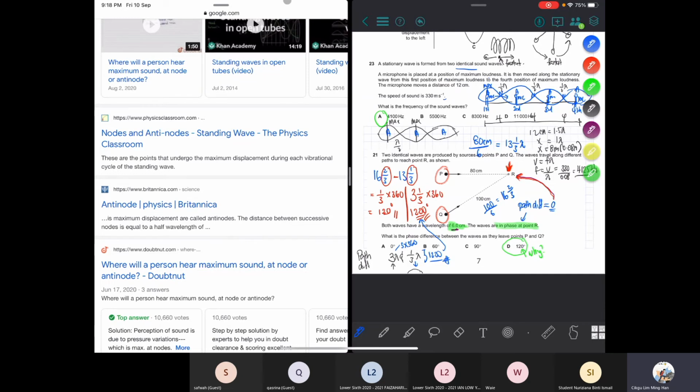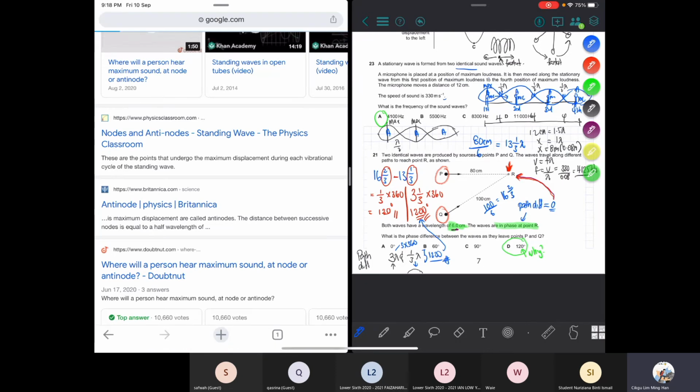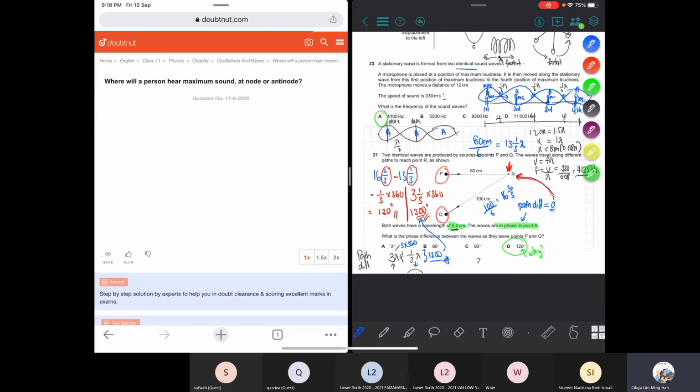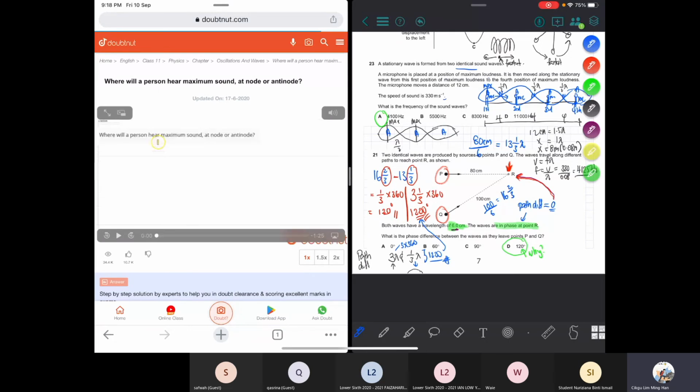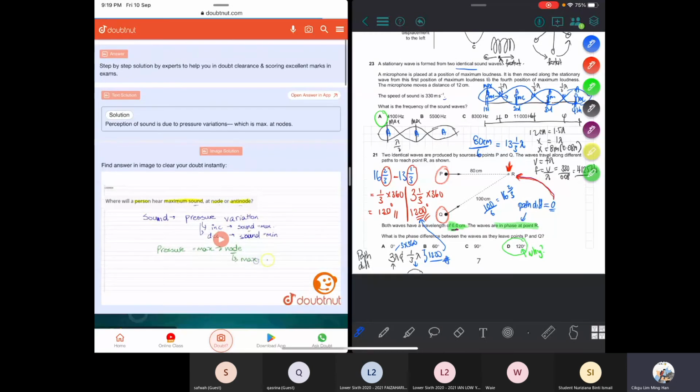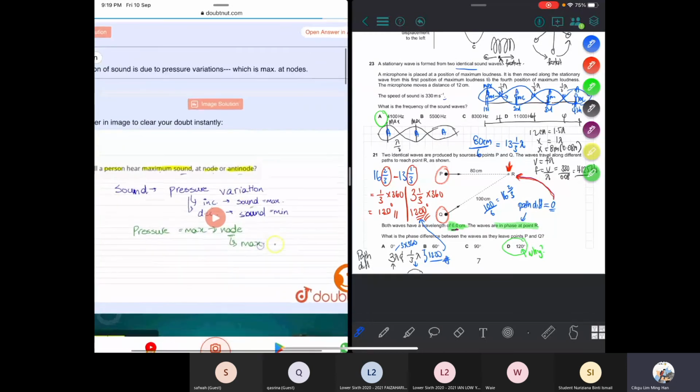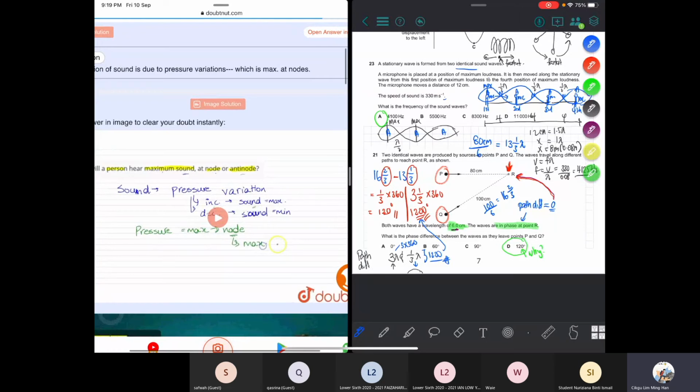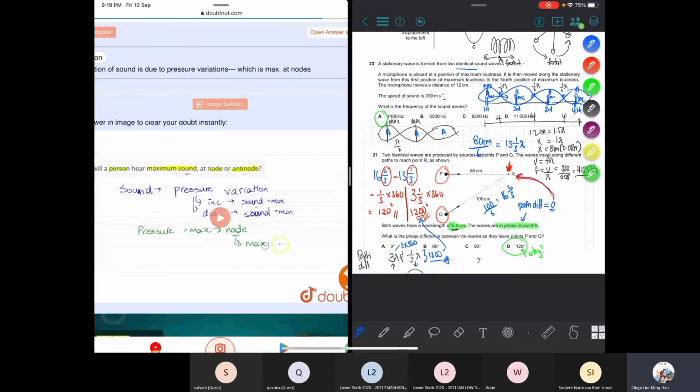Distance between successive knots is equal to half the wavelength. So where will a person hear maximum and minimum pressure variation, pressure max at knot?